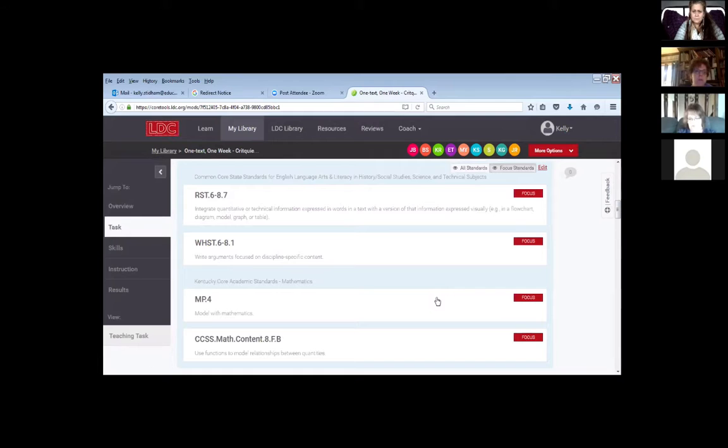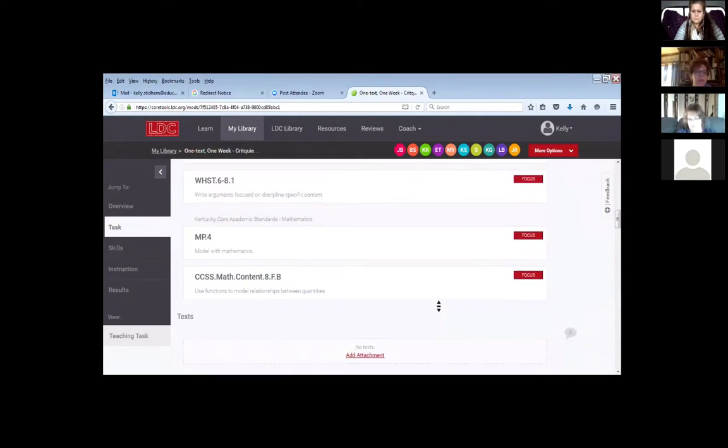So this text has a graph, a table of the data, and then also an explanation in text. And there's some assumptions that they make in the narrative that isn't necessarily clear in the data part of the text. Write an argument. So in the math standards, I was kind of torn because I used math practice 4, which is creating a model, but now I'm thinking that it really needs to be math practice 3, which is critiquing the reasoning of others.